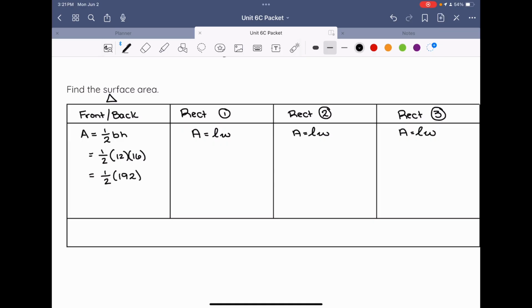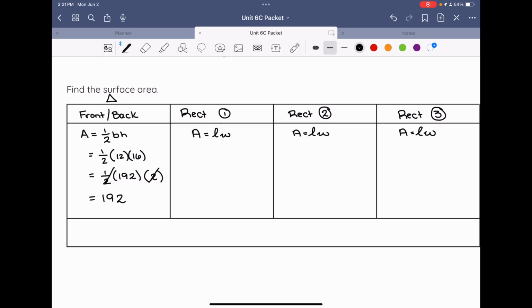Since I have two triangles, the front and the back, I would multiply everything by 2. And since I'm multiplying everything by 2, 1/2 times 2, those cancel each other out. So my answer is actually just 192.